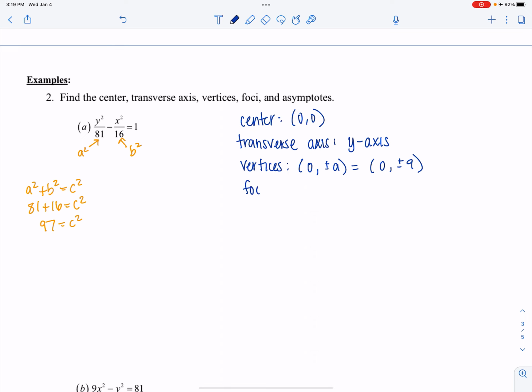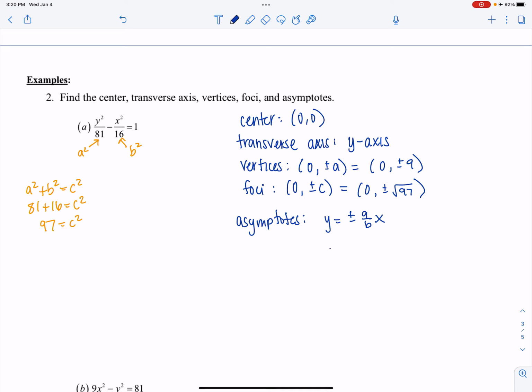Our focus points, our foci are 0 and plus or minus c. And c squared is 97. So c is the square root of 97. So we have 0 and plus or minus root 97. And our asymptotes are y equals plus or minus a over b times x.